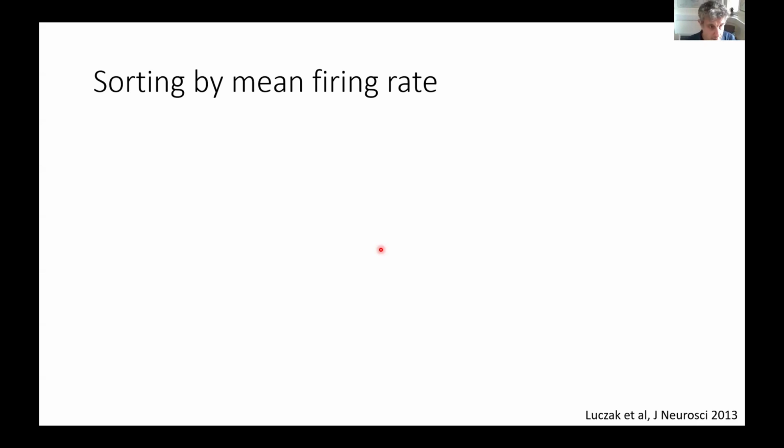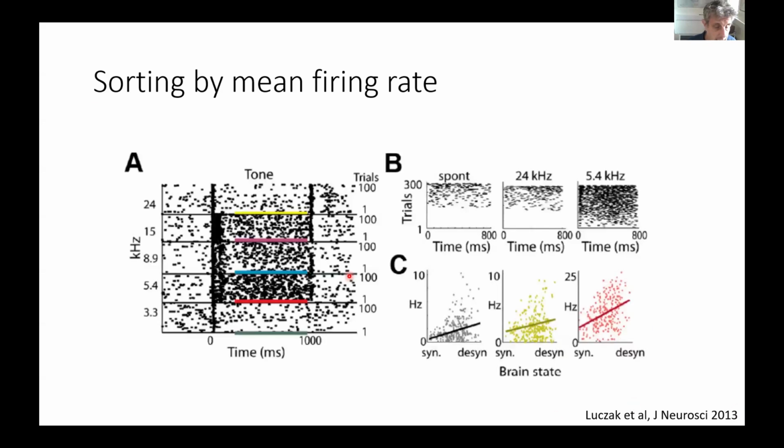But here's an example from auditory cortex from this paper by Lutzak et al., where instead the trials are sorted by firing rate. So on the left here is an ordinary raster where they're not sorted by firing rate, they are split by stimulus. So what we've got here is a neuron from rat auditory cortex, and it's a passive stimulus presentation.